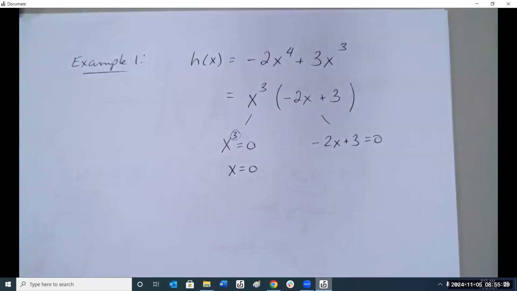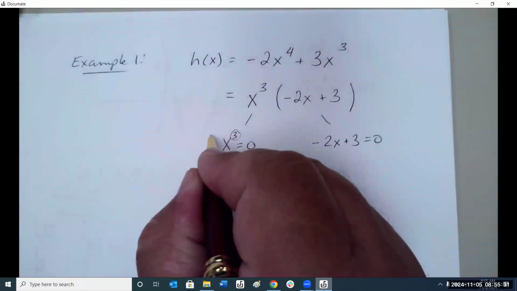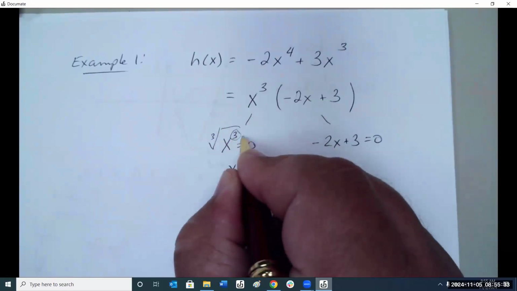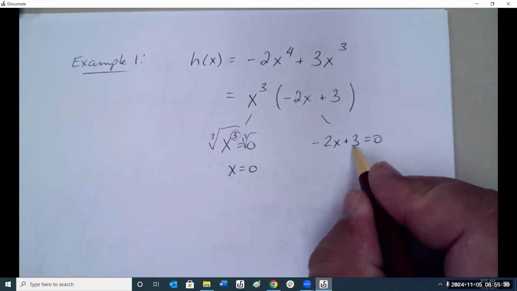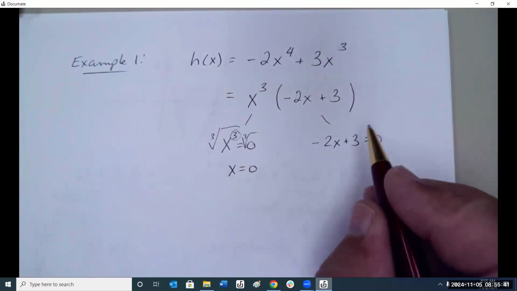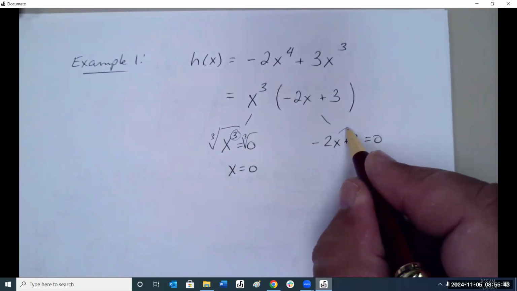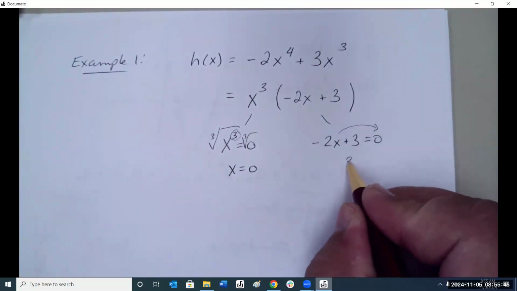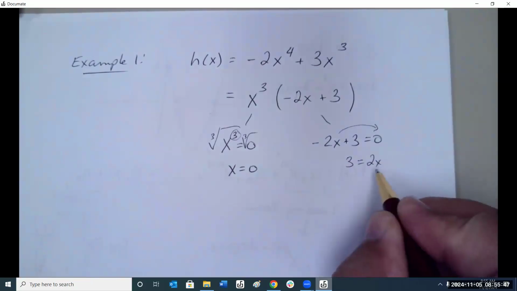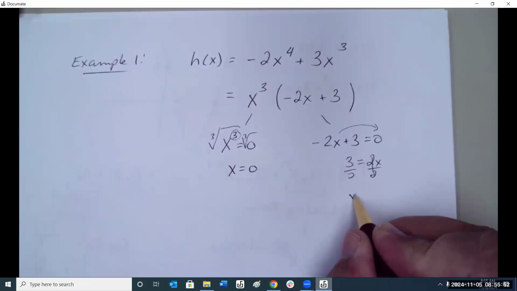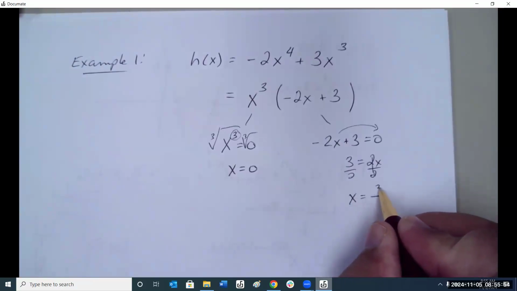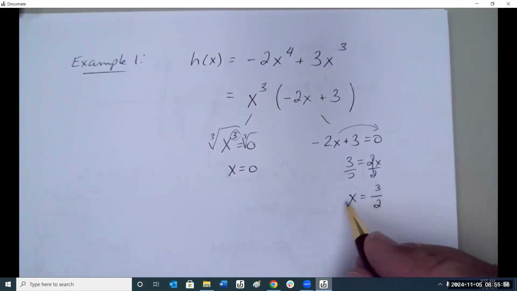How do I do that? Very good, by cube rooting both sides. So the cube root is 0. And the other side, just solve for x. I move the negative 2 to the other side, make it a positive, and then I divide by 2. x equals 3/2.